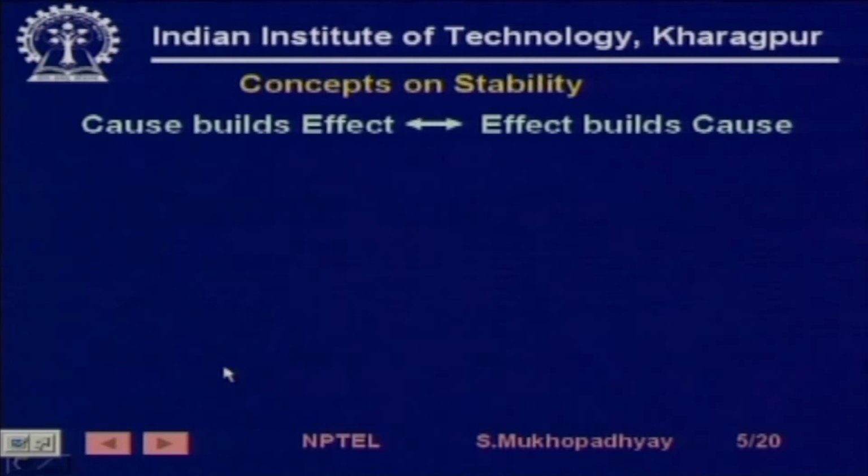Having seen that, let us look in some detail at the concept of stability. Let us make some comments on this concept. First, when do we have instability? We have instability when cause builds effect and effect builds cause, right.